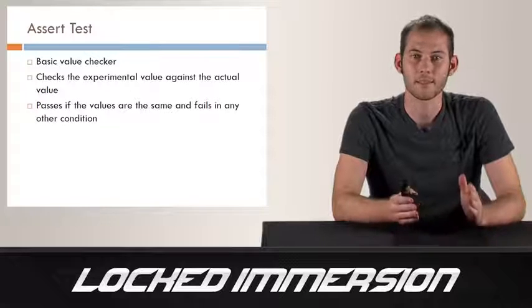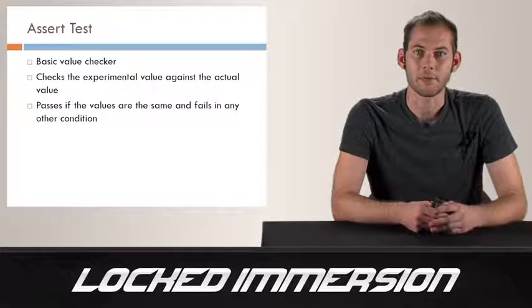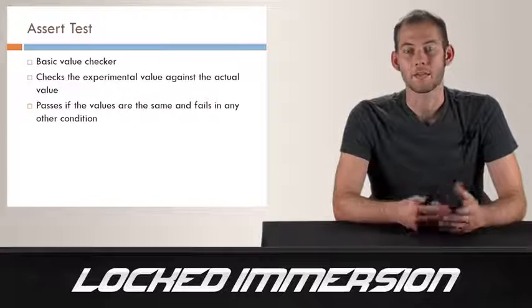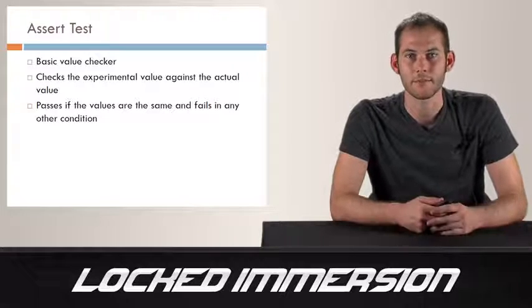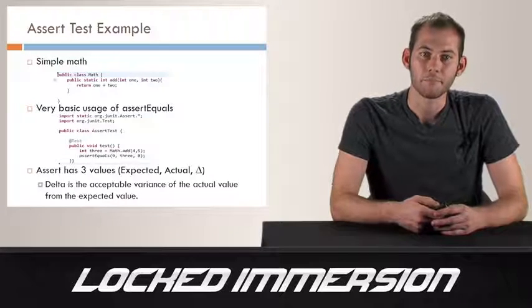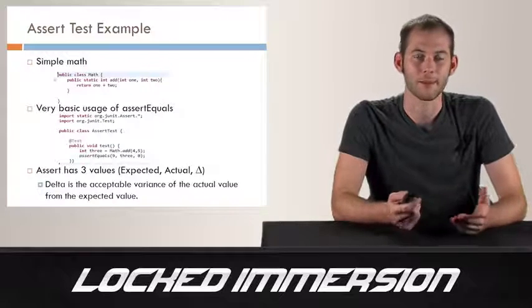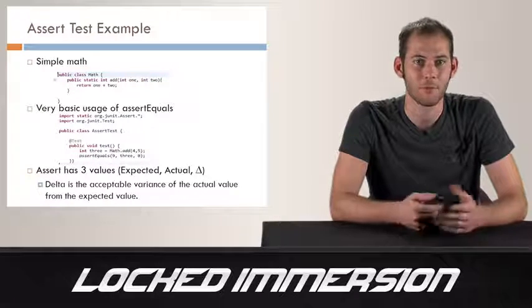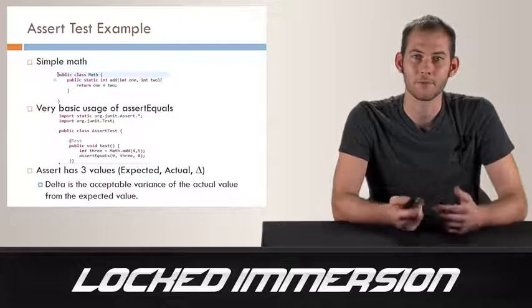It simply checks the expected value against the actual value, manually input. If the values are the same, they pass. Any other condition results in a failure. It's that simple. The example we used, I just did a real basic bit of math. The whole class was, I think, 4 or 5 lines long, just adding 2 numbers that are passed through from the test case.